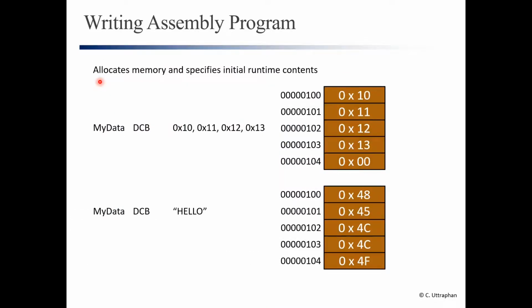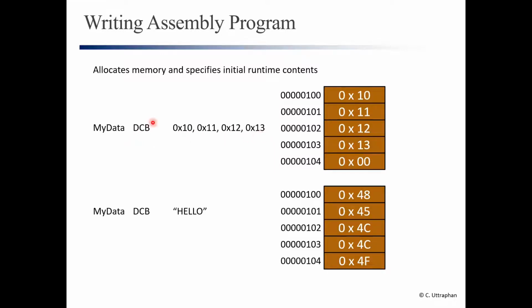Now, let's look at how we use the DC to allocate the memory and specify the initial runtime contents. This is actually the directive to predefine the data in the memory before the program is executed. For example, in the memory starting from address hex 100 to hex 103, we want to have the initial data bytes, hex 10, 11, 12, and 13, then we can use DCB hex 10, 11, 12, and 13.